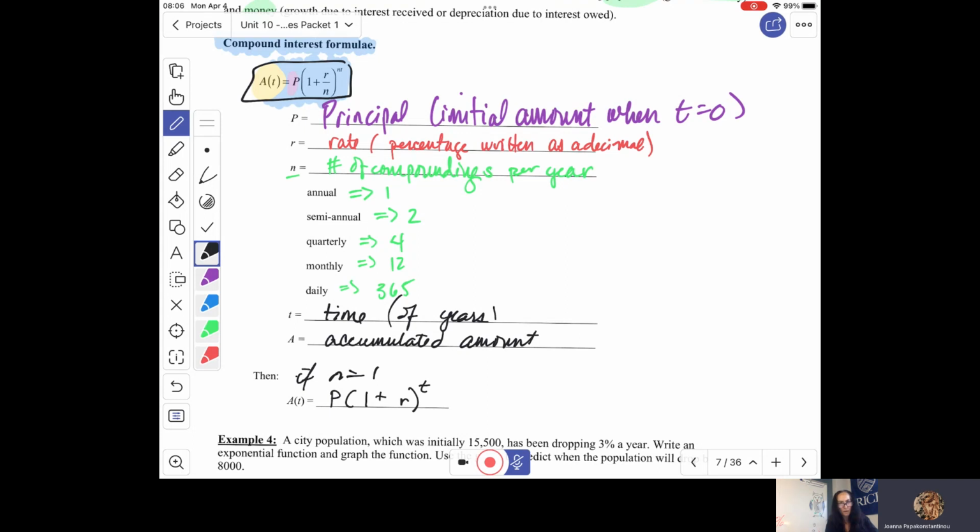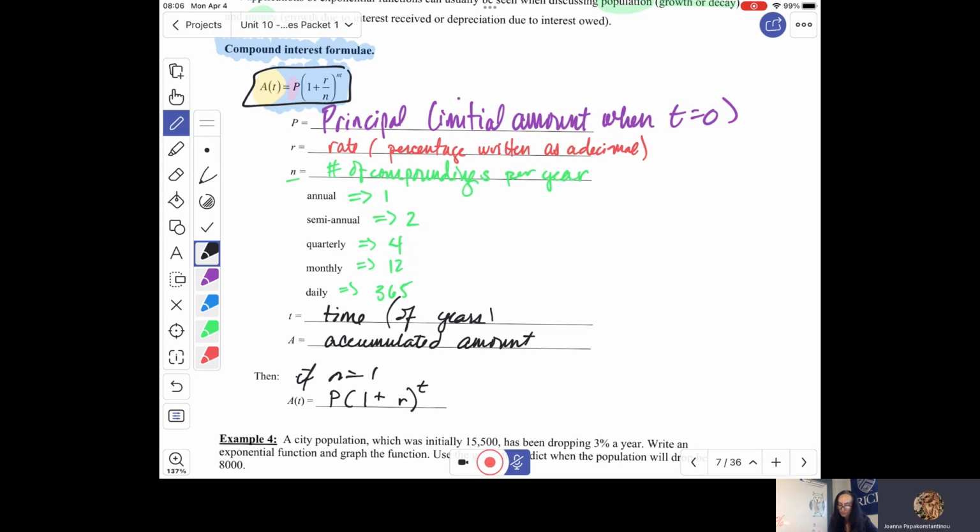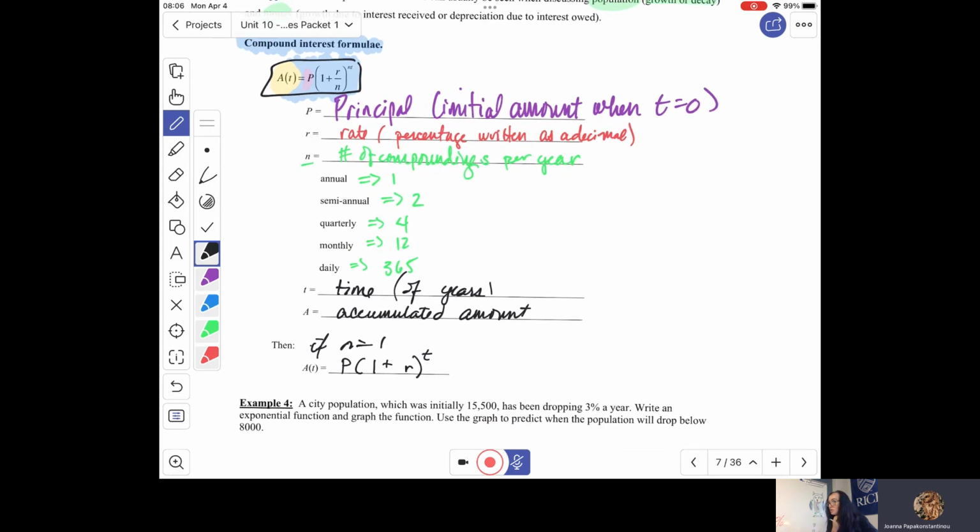So normally if you're compounding annually, where n equals 1, the formula reduces to that. And the formula will change depending on how many times per year you compound your interest. So that's nice. We now understand what this formula represents.